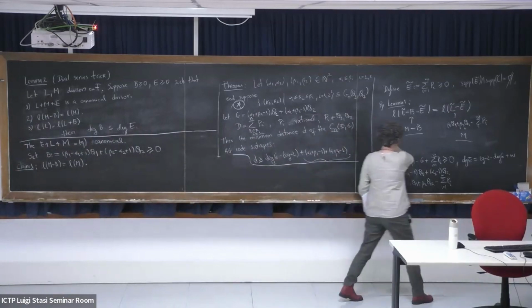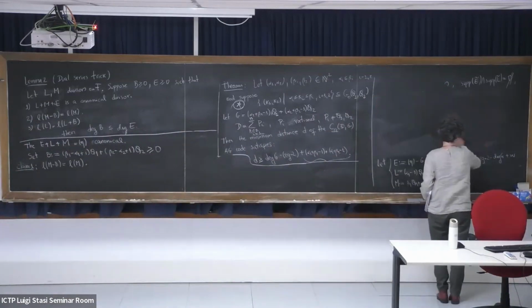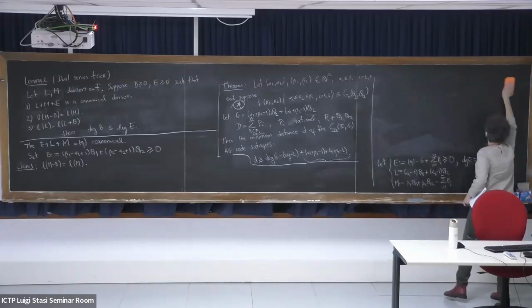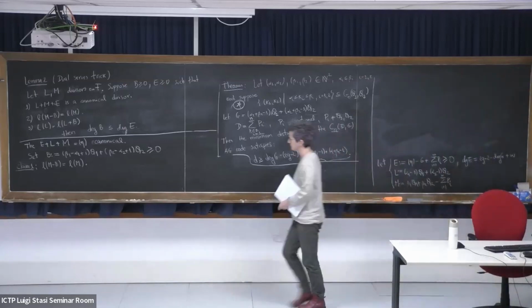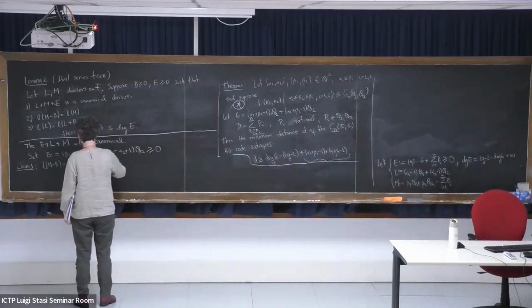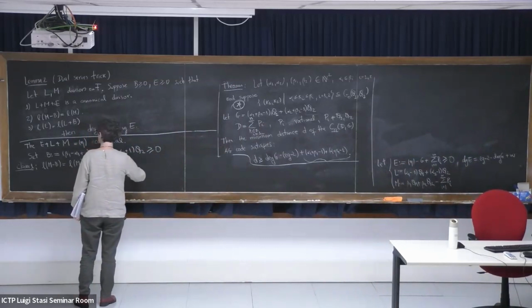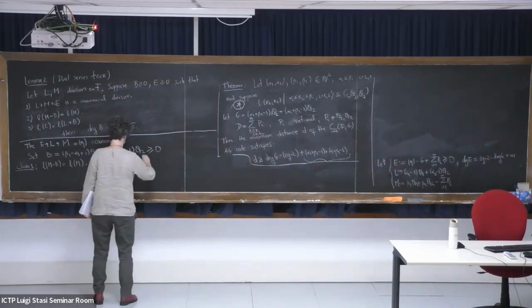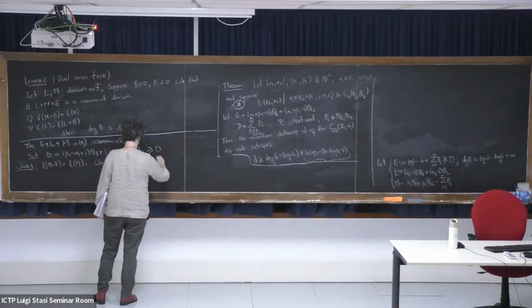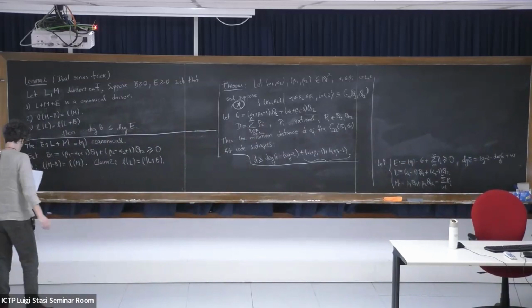We keep the divisors down here. I'll write here so I can save blackboard. Claim 2 is that this dimension is equal to this dimension. Okay.